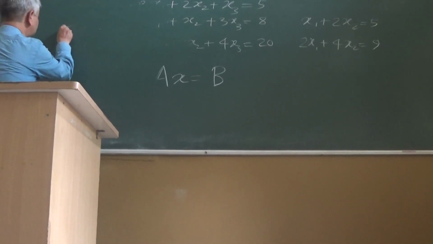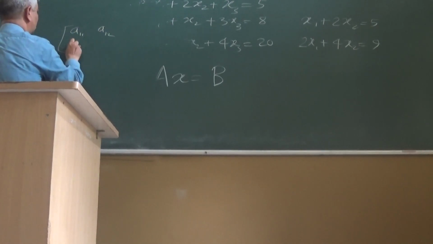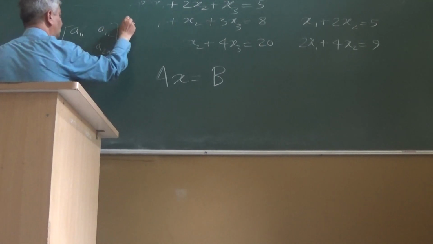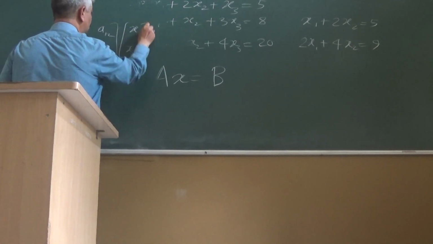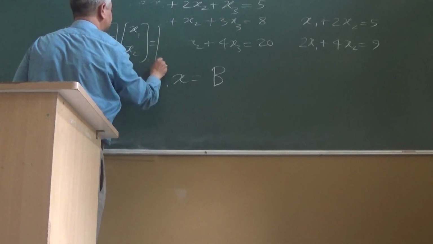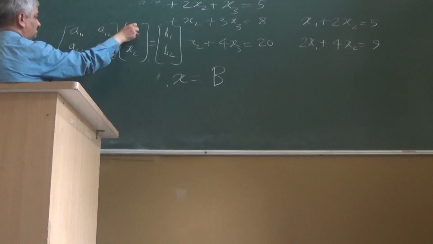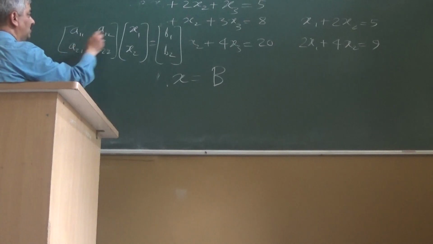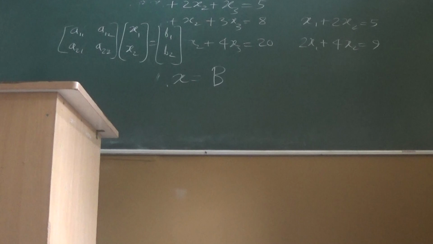So A we have got A11, A12, A21, A22, times x1, x2, equal to B1, B2. So A11 x1 plus A12 x2 is B1, A21 x1 plus A22 x2 is B2. Right?